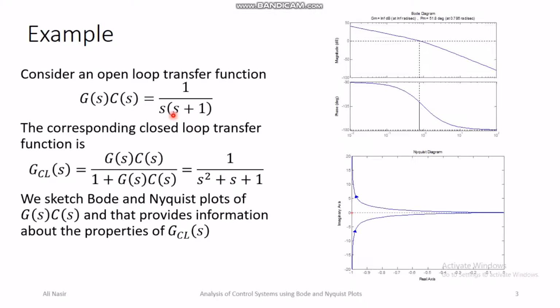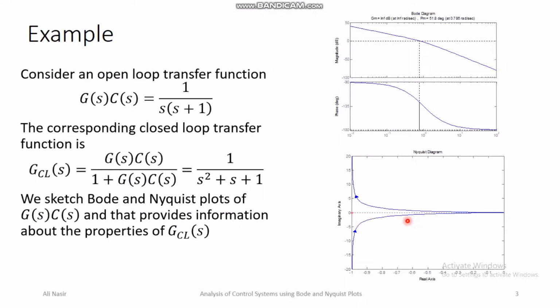Then you can separate out the terms with j and the terms without j, and for different values of omega you get different points on this plot, and when you join all the points together, this would be the Nyquist plot for positive frequencies, and the mirror plot is the Nyquist plot for negative frequencies. Usually in control systems we ignore this mirror part, the negative frequencies part. We only consider the positive frequency Nyquist plot, but it does not matter much.